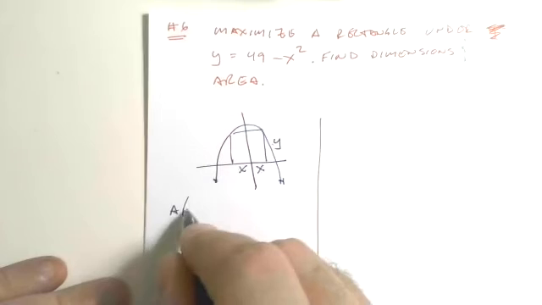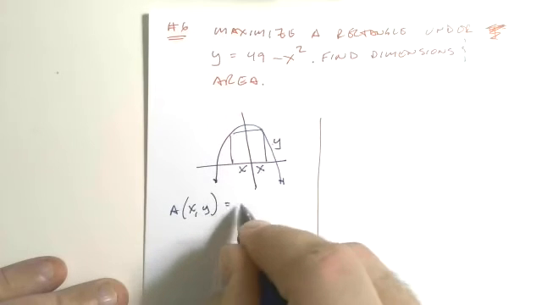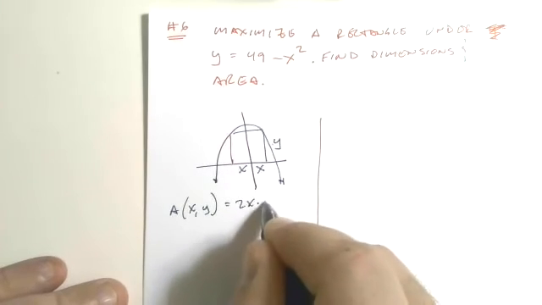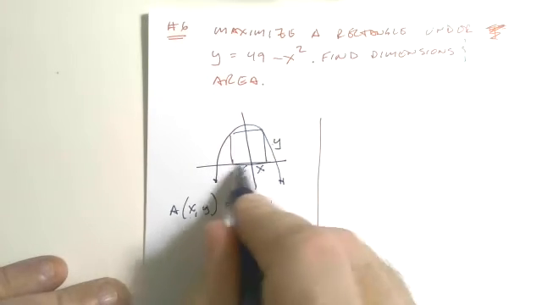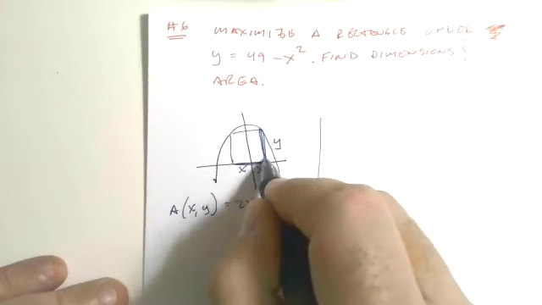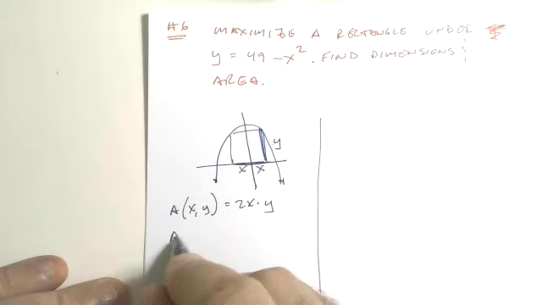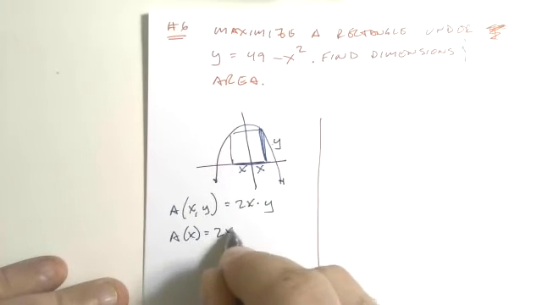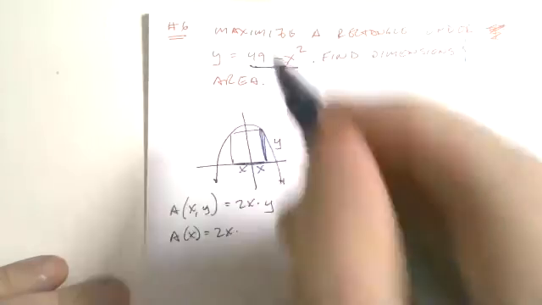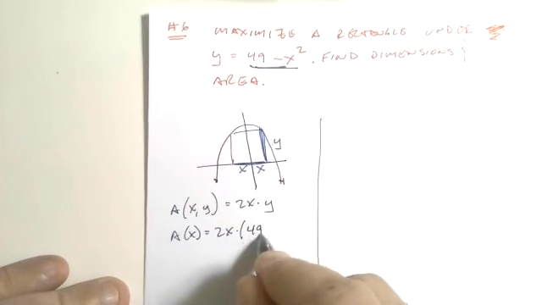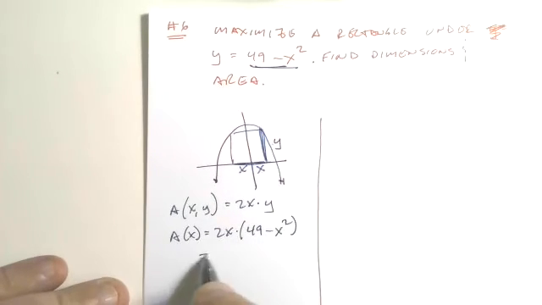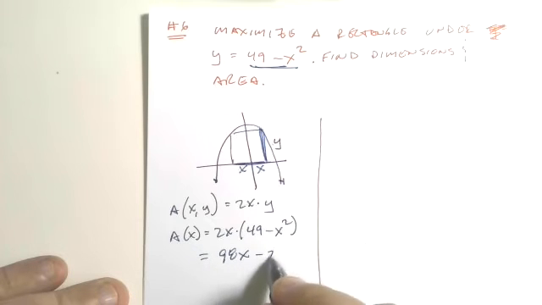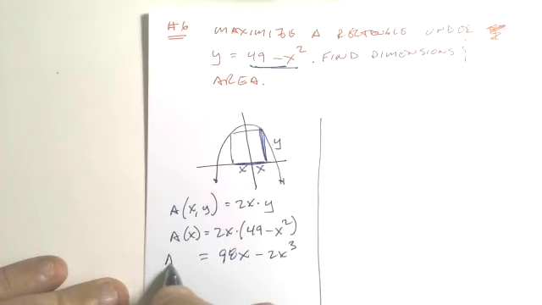So area of x comma y equals 2x times y. Let's write that in terms of x. 2x times 49 minus x squared equals 98x minus 2x to the third.